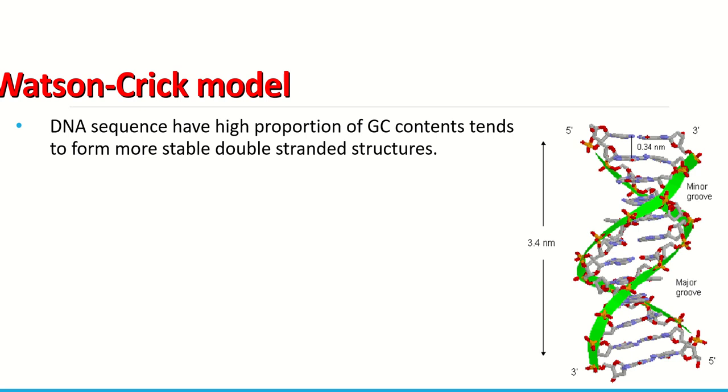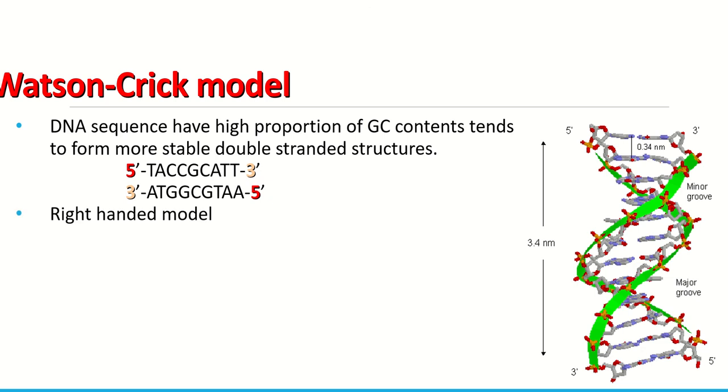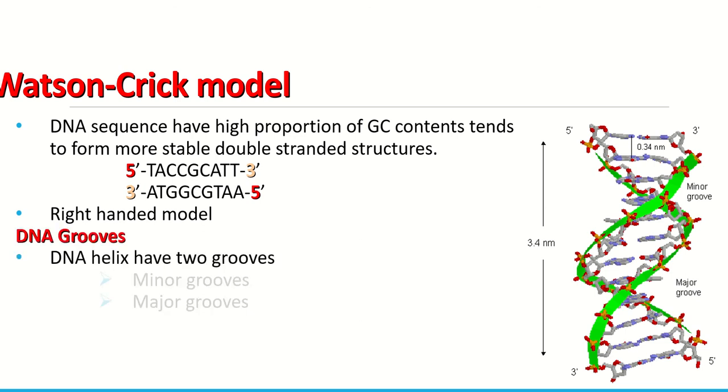DNA sequences with a high proportion of GC content tend to form a more stable double-strand structure, as we can see here from short oligos or short fragments of double-stranded DNA. The model postulated by Watson and Crick is a right-handed model. It has 2 grooves, the minor groove and the major groove.